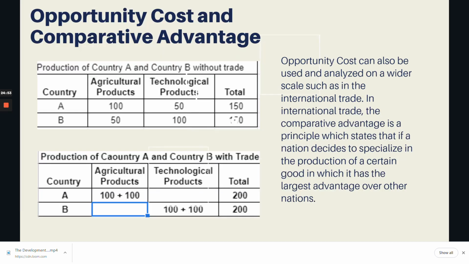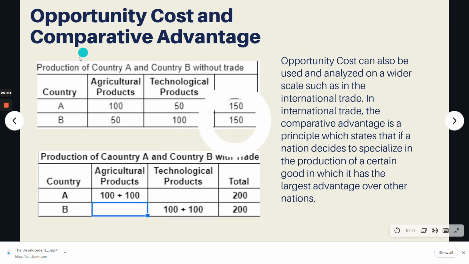Now let's go to opportunity cost and comparative advantage. Opportunity cost can also be used and analyzed on a wider scale, such as in international trade. In international trade, the comparative advantage is a principle which states that if a nation decides to specialize in the production of a certain good in which it has the largest advantage over other nations.